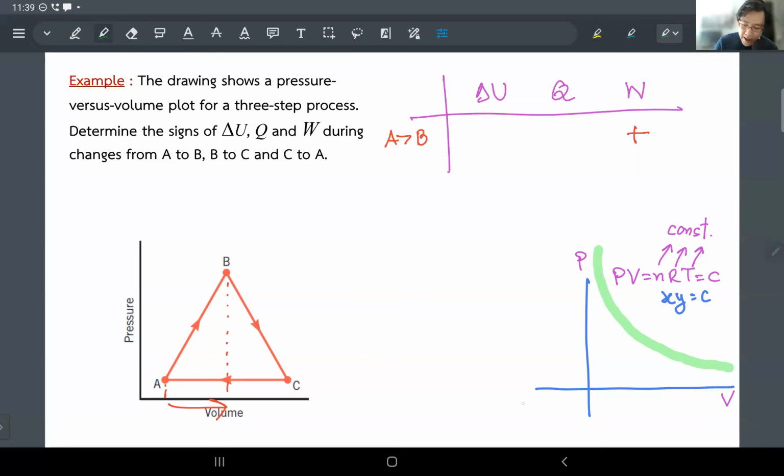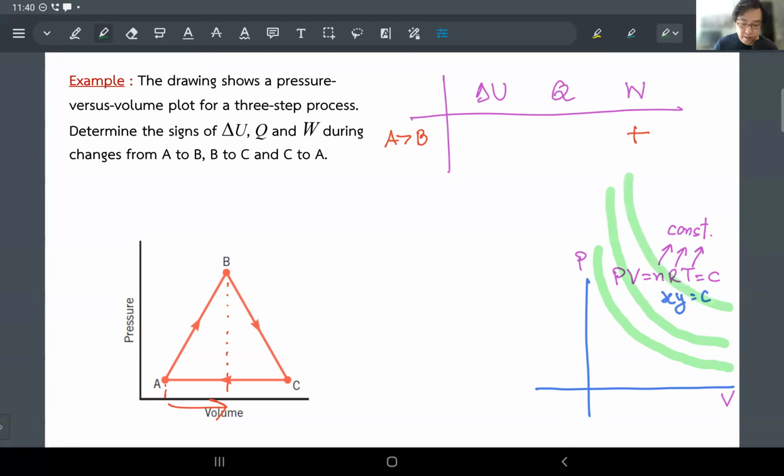You might have the negative side of this one as well, but we only care about the positive values. Plus, if the value of C is bigger, there will be another line that's higher. If the value of C grows bigger, it goes like that. So that's the XY equals constant curve.